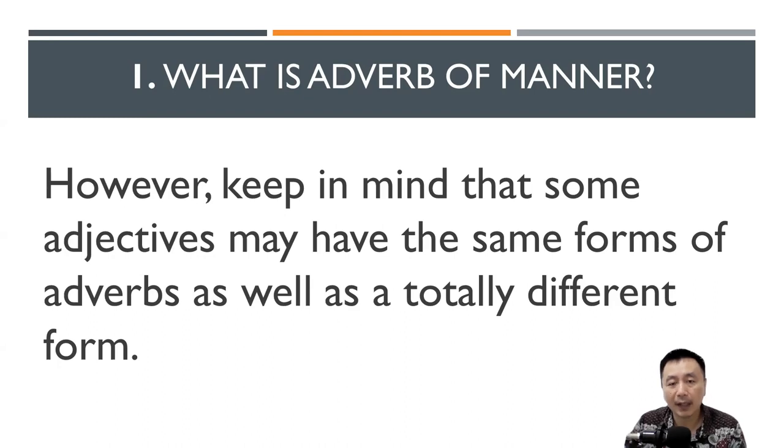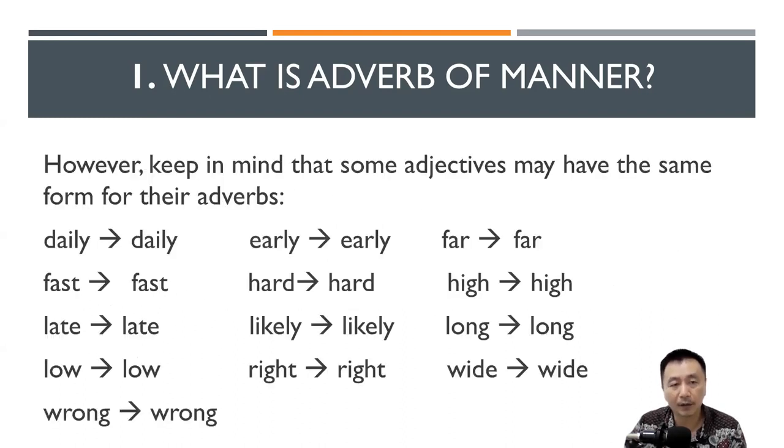Jadi, yang perlu diperhatikan adalah bahwa beberapa kata keterangan itu, adverb of manner, itu mempunyai bentuk yang sama dengan kata sifatnya. Oke, oleh karena itu, untuk kata-kata sifat ini, kalau kita mau rubah menjadi adverb of manner, tidak perlu kita menambahkan -ly.